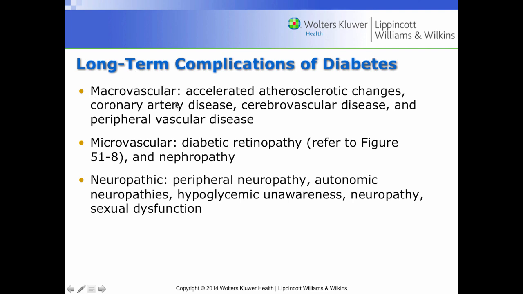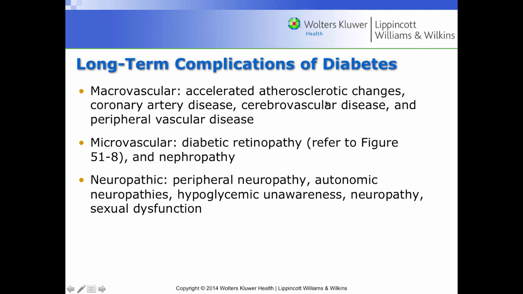So on the macro level, the large blood vessels, what you see is hyperglycemia causing atherosclerosis, coronary artery disease, cerebrovascular disease, and peripheral vascular disease. Okay? So you end up with a patient who has a lot of atherosclerotic plaque and therefore poor perfusion to their organs, poor perfusion to their extremities.